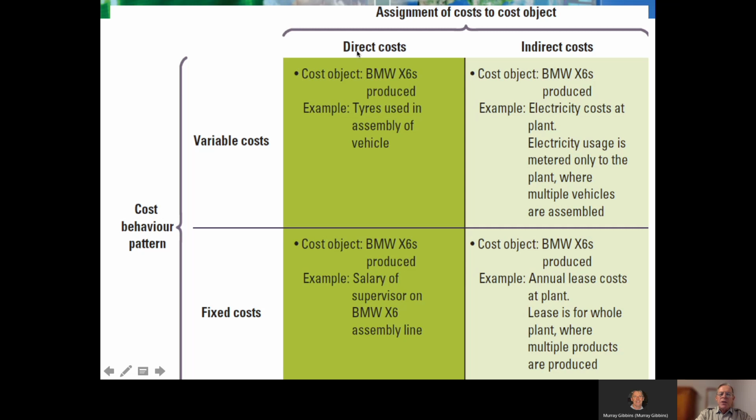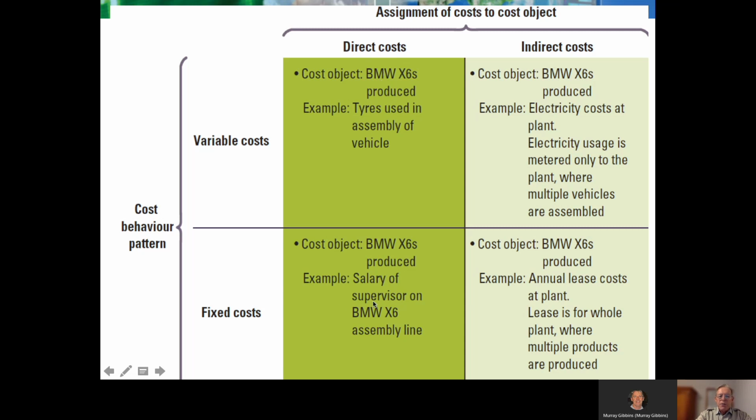So let's look at the direct cost. We're looking at the particular cost object of this particular one product, the BMW X6. And certainly the tyres, a major component part of the assembly of this vehicle, can be directly tracked to the product.